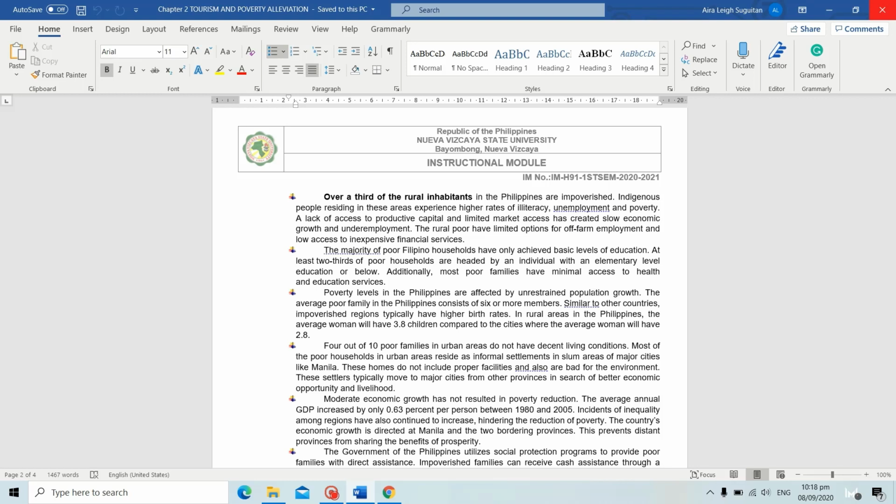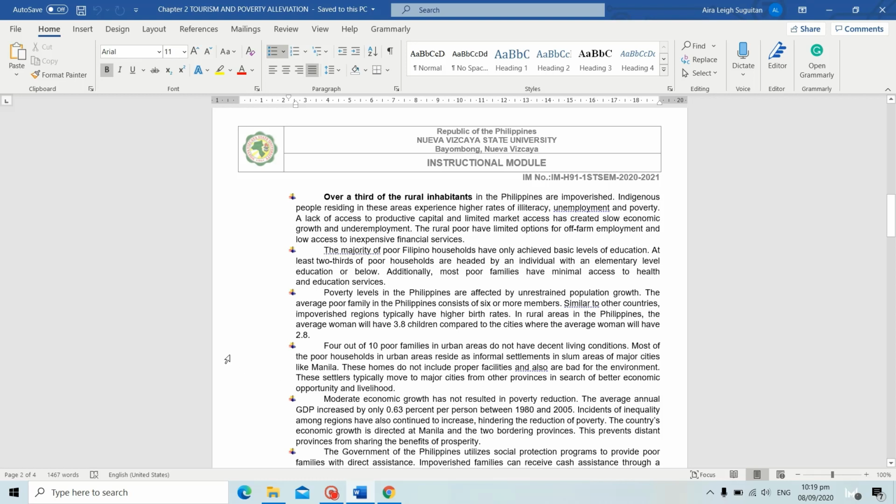So dun sila dumudumi dun sa river, or dun din sila naliligo, dun din sila nagtatapon ng kung ano-ano, yung mga garbages nila. So yung chemicals na yon, yung mga garbages na yon, it actually contributes to pollution, land pollution, and water pollution. So these settlers typically move to major cities from other provinces in search of better economic opportunity and livelihood.